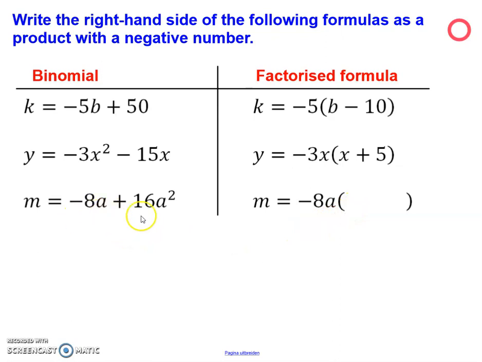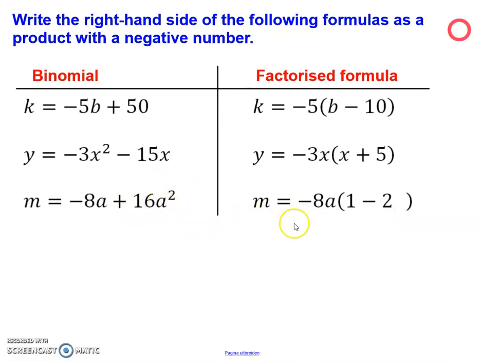There's only one possibility then, and that's 1. Minus 8a times 1 is still minus 8a. And then I have to have a positive number, plus. And I'm multiplying with a negative number, so the number over here should also be negative. And this will become minus 2, because then I get plus 16.